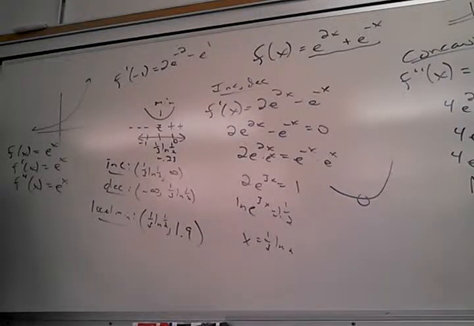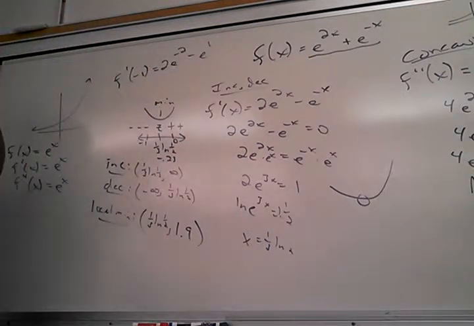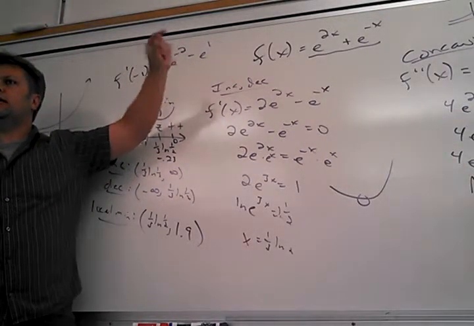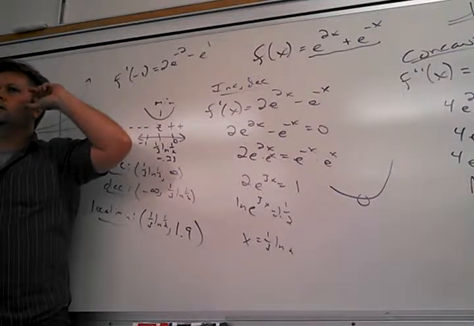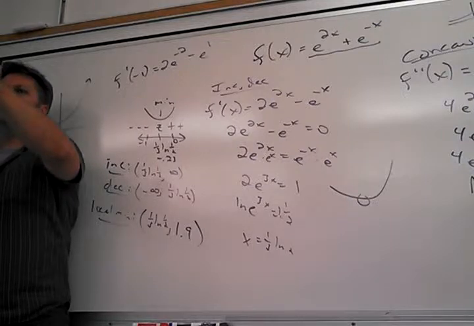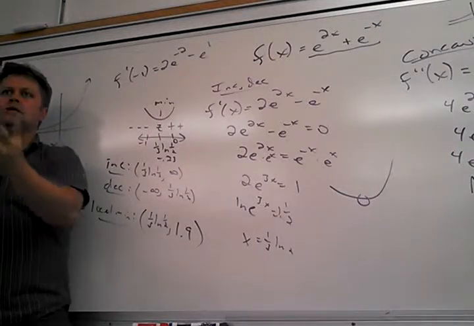Is that cool? So don't think that everything we've seen so far always had critical numbers. When I set these to 0, it doesn't have to have a real answer. So I might end up having no critical numbers. If the first derivative had no critical numbers, what would that mean? Not constant, but the slope is always positive or always negative. Never change the sign. It's either always increasing or always decreasing.